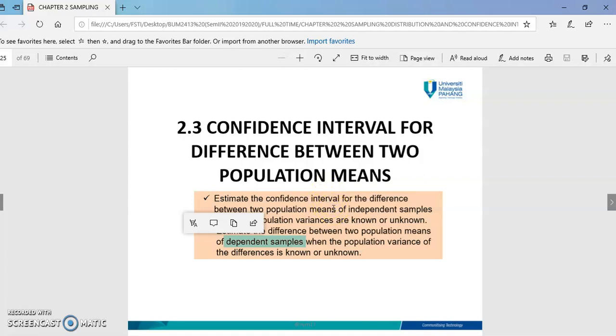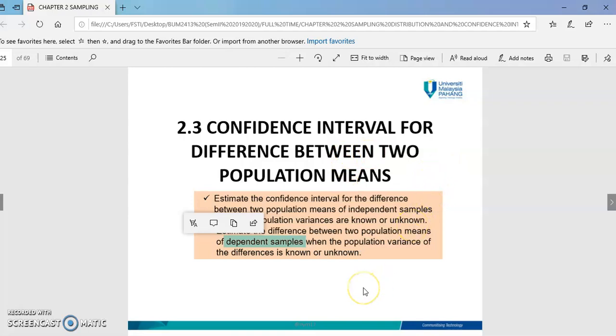Let's say we have 10 industry plants. We collect the number of accidents at those plants before the safety program, and then maybe 2 or 3 months after we implement the safety program, we collect the data again on the same industry plants. So that's dependent sample.